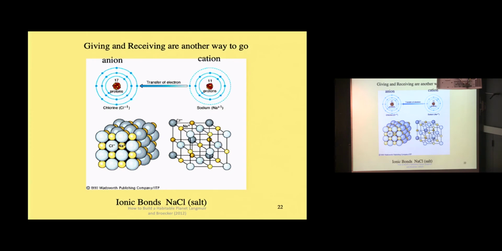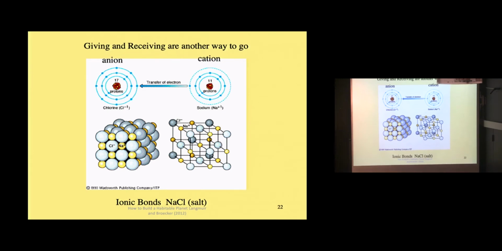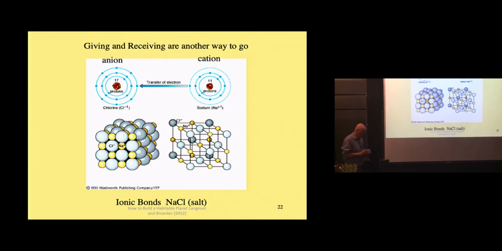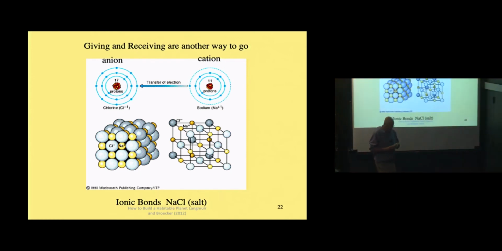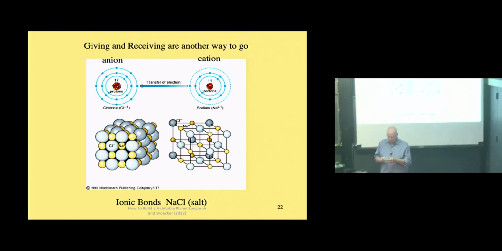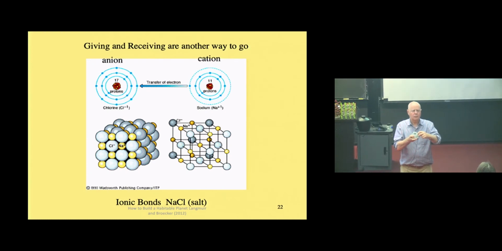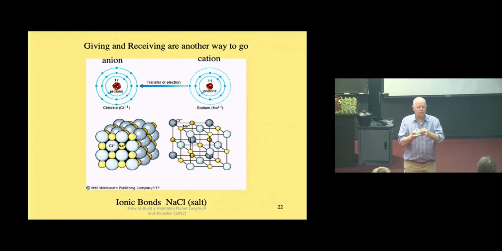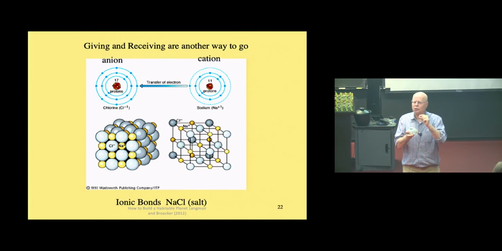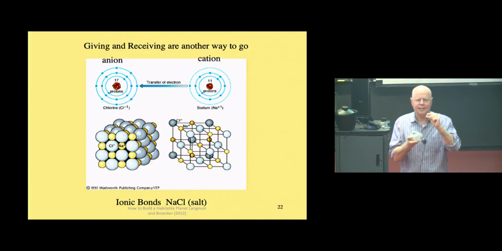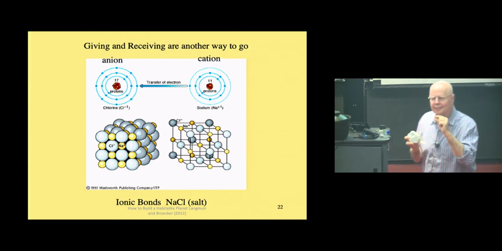I'll bring in a better halite crystal next time. But if you look at this thing right here, you can see that big cube. And when you break it up, you'll make little tiny cubes. When you look at your salt in your salt shaker, you'll see it's made up of little tiny dice, little tiny cubic things.